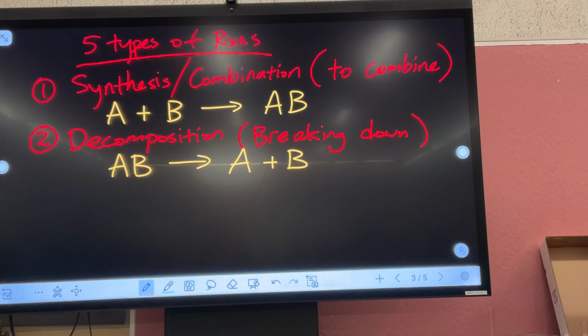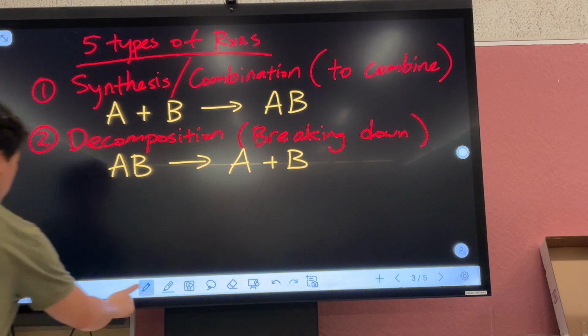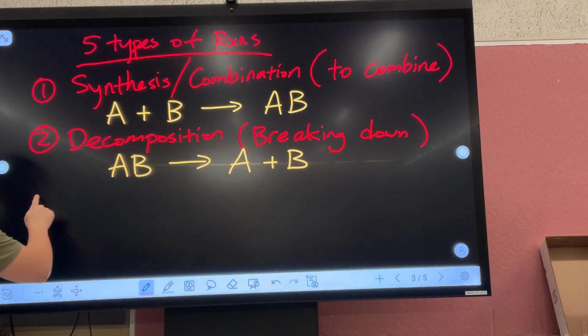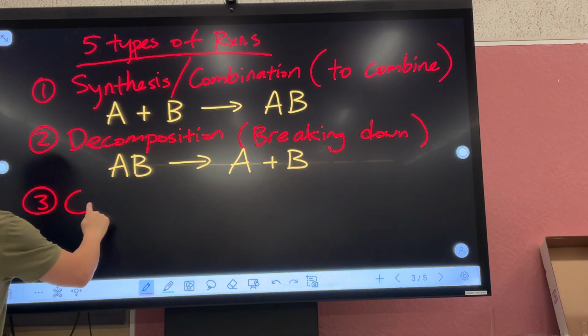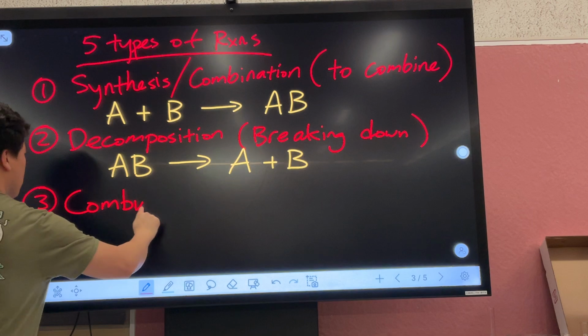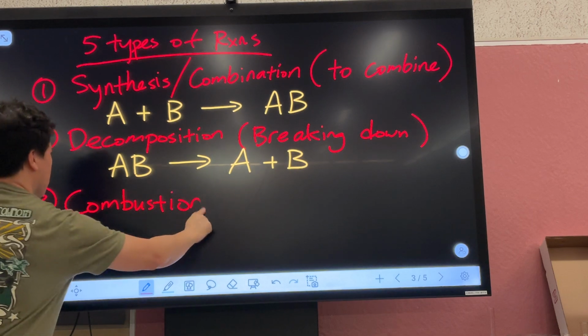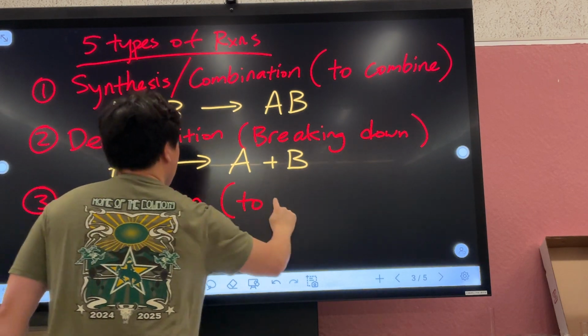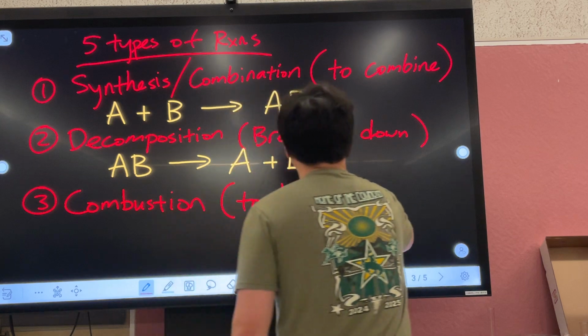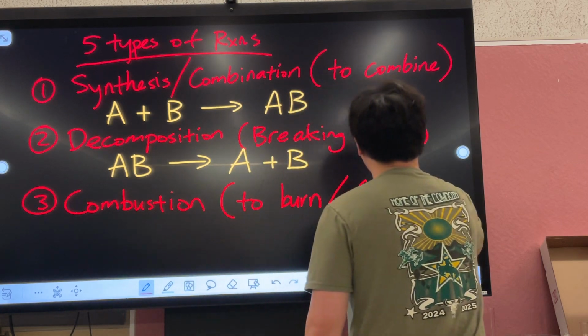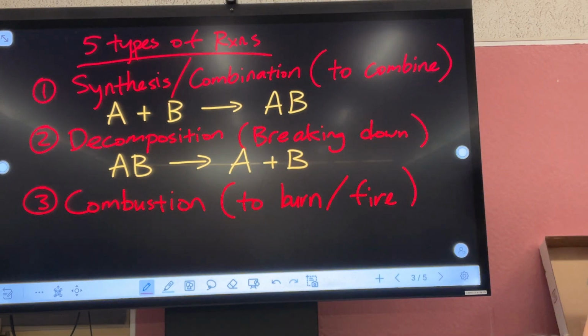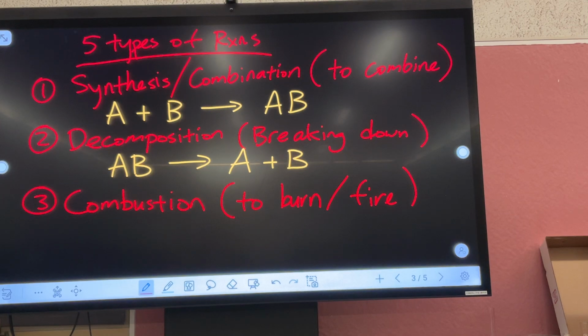The third type is combustion, to burn or fire. Okay? So for something to burn, for example, metals like iron cannot burn, copper cannot burn, right?